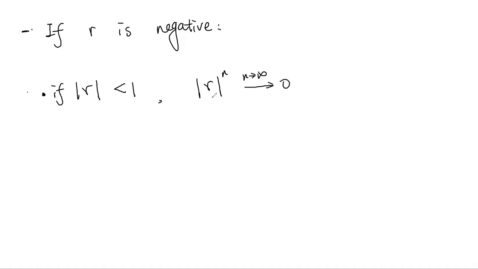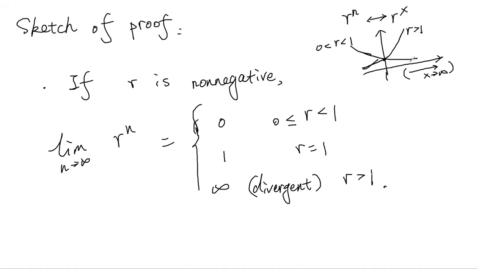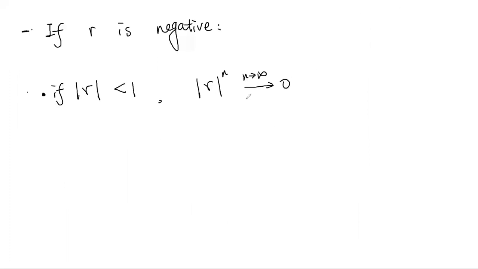This corresponds to the decreasing exponential function, except now the base is the absolute value of r. So this goes to 0. Then from the theorem, r to the n also goes to 0 as n approaches infinity.